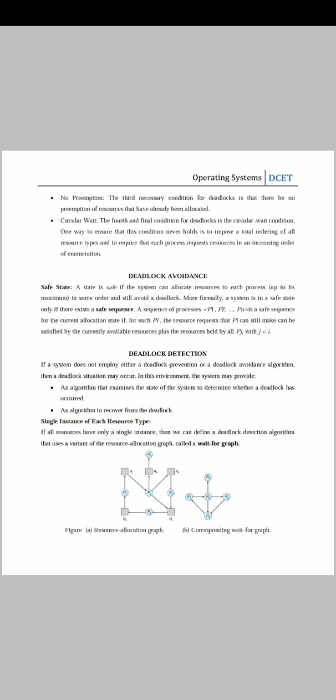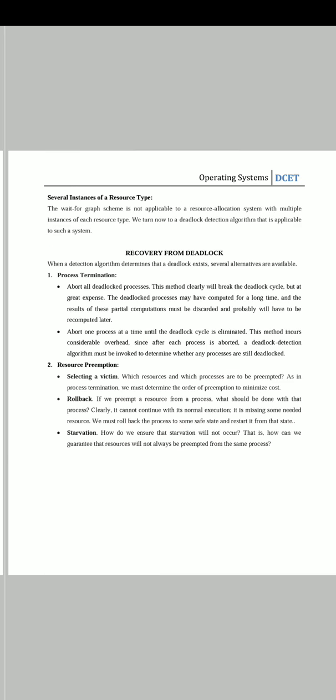Here in this case, from P1, P2, P3, P4 and again back to P1, there is a cycle. It means this system has a deadlock. If I want to remove this cycle, I can change the sequence of edges.